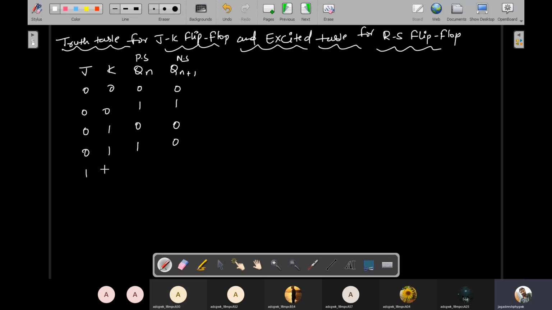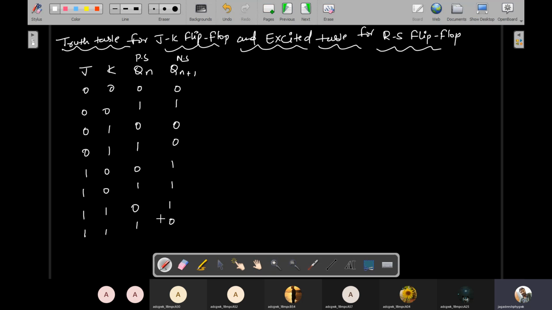Then you take the 1 0 combination. You get either 0 or 1 for your past output, so you will get 1 1 in this case, because this is a set case. So this is a reset condition, a set condition, a no change condition. Then you take 1 1, and you don't know the past output, so you take 0 or 1, and you will get 1 0.